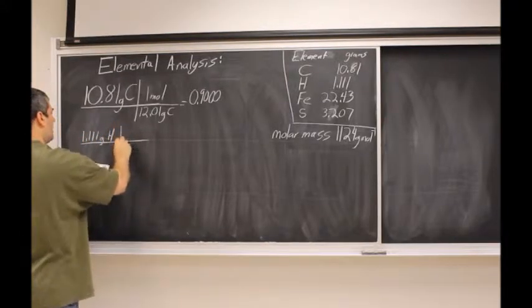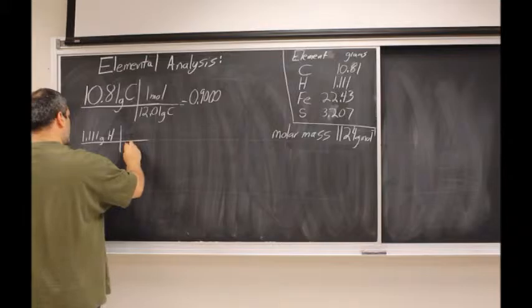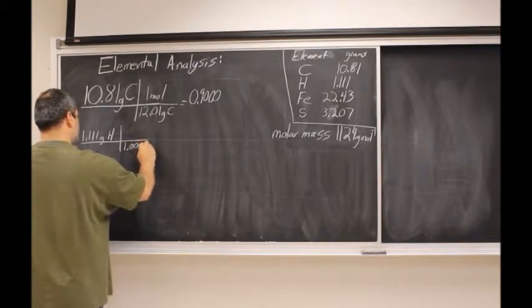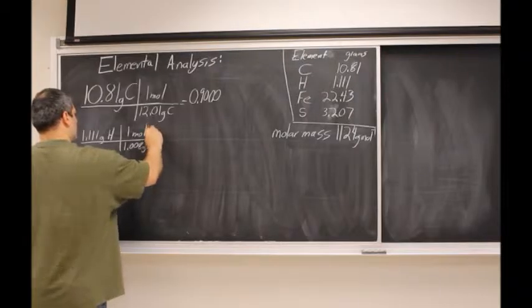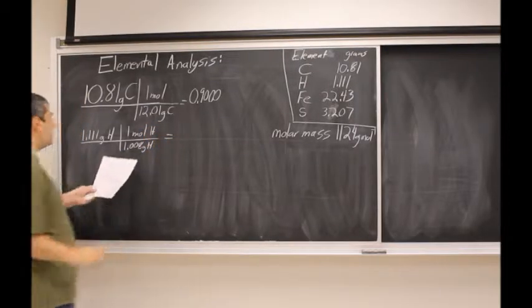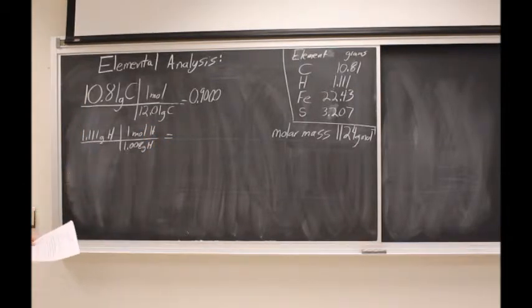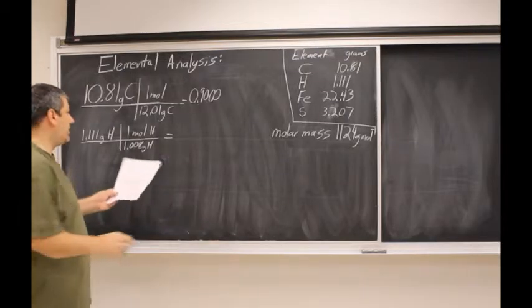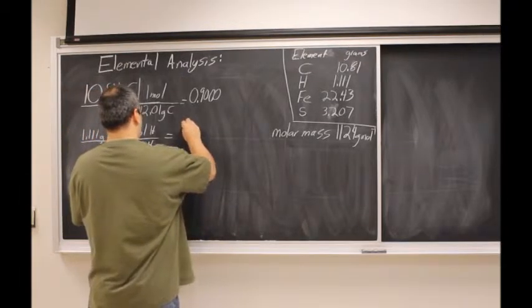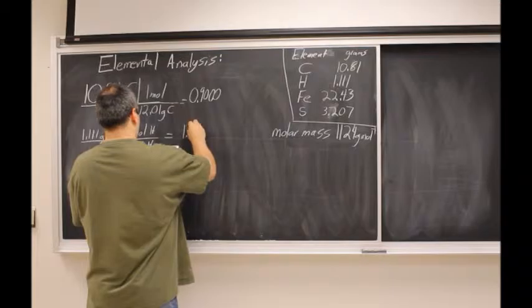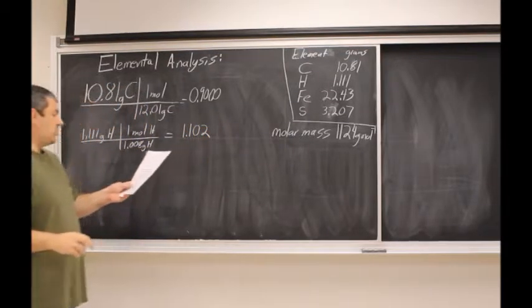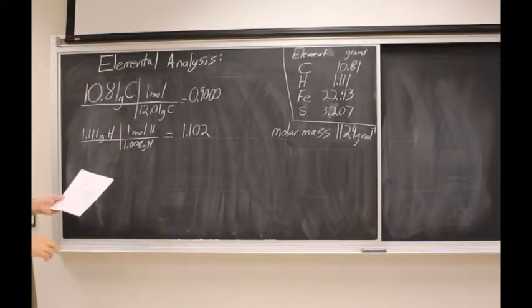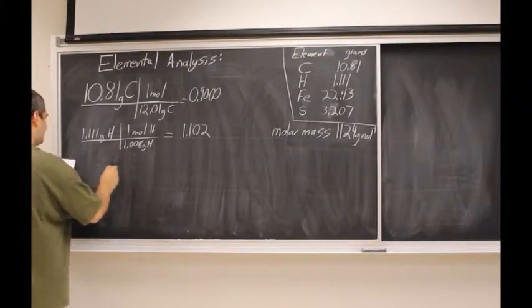So I'm converting grams of hydrogen to moles of hydrogen. Again, notice this is hydrogen monoatomic, not diatomic. We're not talking about hydrogen gas. We're talking about just the element. So that gives us 1.102 moles of hydrogen.